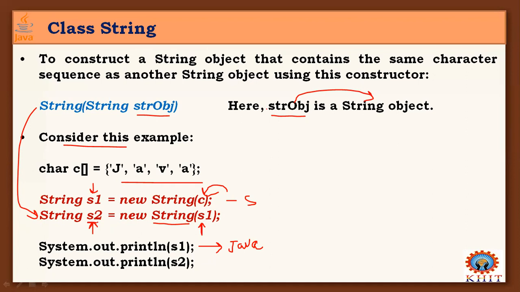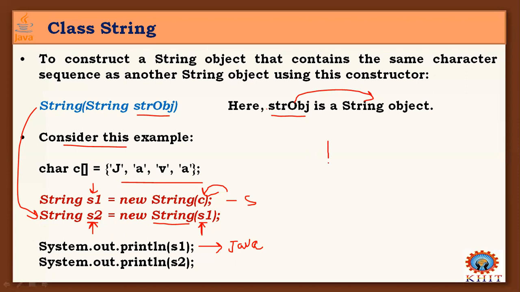Yes, it is possible, and the operation it does is that whatever character sequence is contained by this S1 object, all the character sequence is copied into this S2. Or simply, S2 is another reference to the string created in the memory.